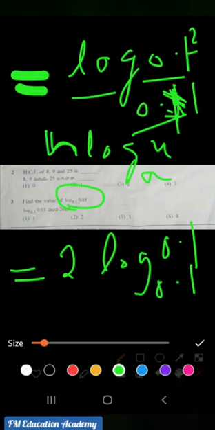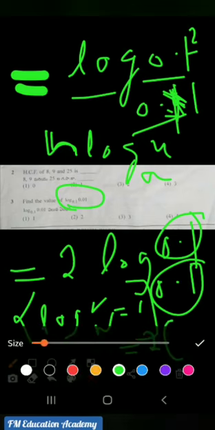So we have to make it in this form, right? So we know n here is 2. So 2 log x here is 0.1, and this is also 0.1, and 0.1 only, okay? The base 0.1.